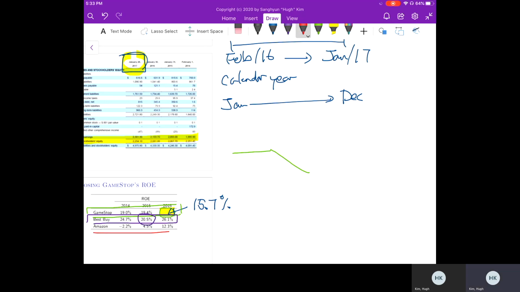Also, if you look at Amazon, things have improved quite a bit, almost increasing 6 to 7% each year. So things are improving very rapidly for Amazon, and also a little bit for Best Buy as well. But for GameStop, it's a different story. Things are not going well for GameStop.